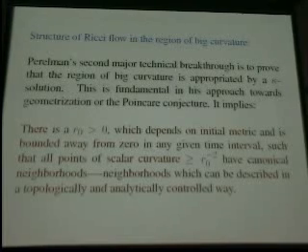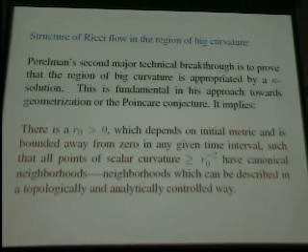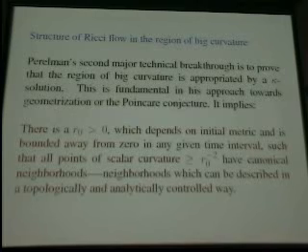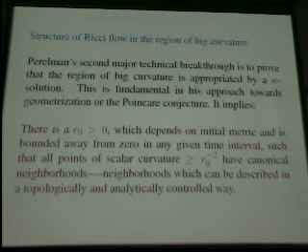This also justifies why it's important to classify kappa solutions. We know that before, near the singularity, the curvature has to be sufficiently big. Now this result says that the region of big curvature is approximated by kappa solutions. So this is fundamental in his approach towards the geometrization conjecture or the Poincaré conjecture.